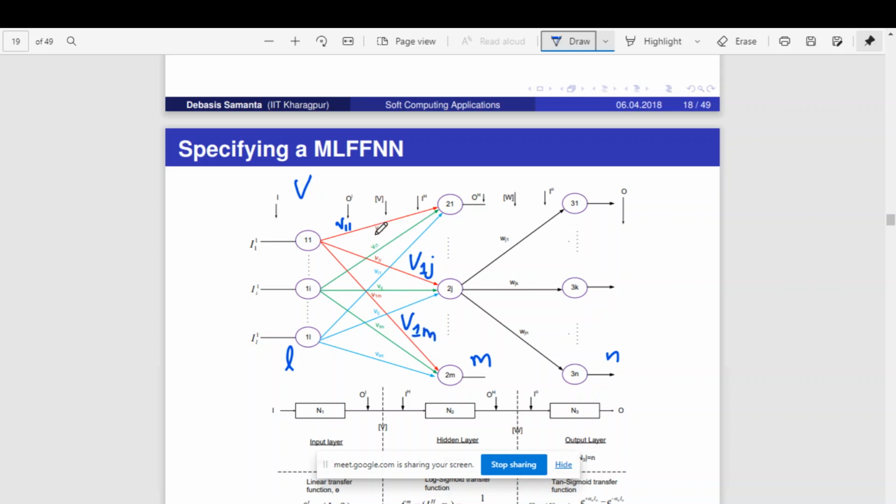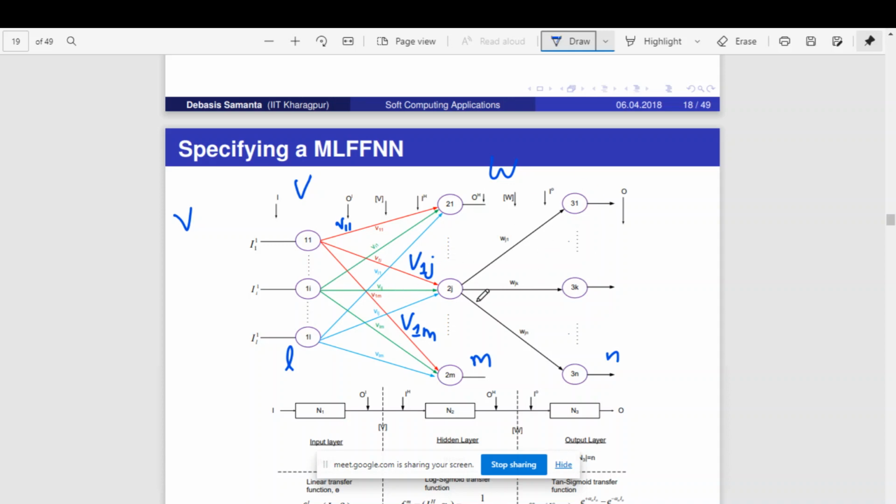So the point is we use the notation V to represent the weights between the input layer and the hidden layer. Similarly, to represent the weights between the hidden layer and the output layer, we use the notation W.